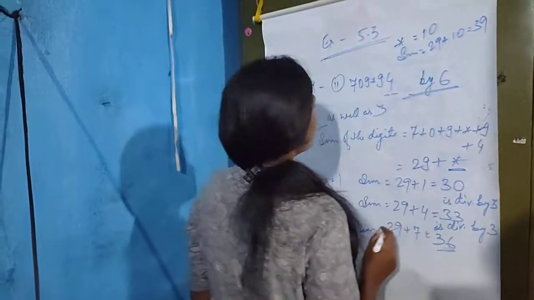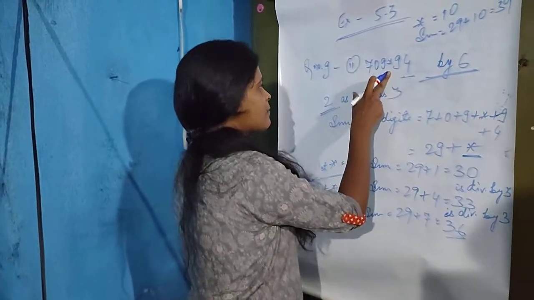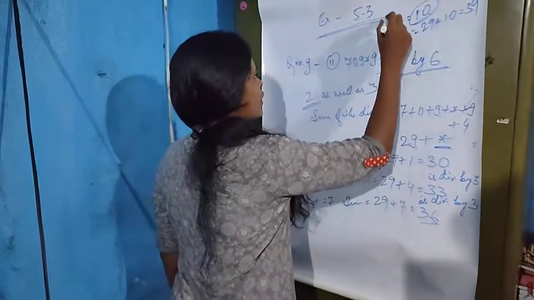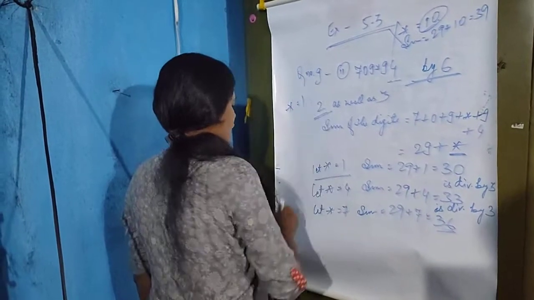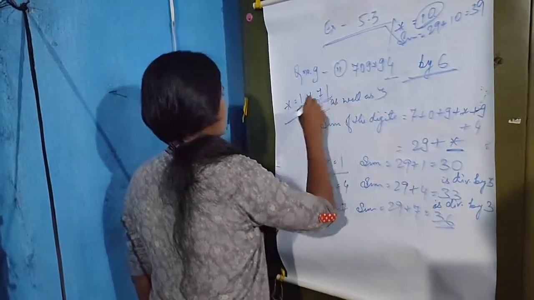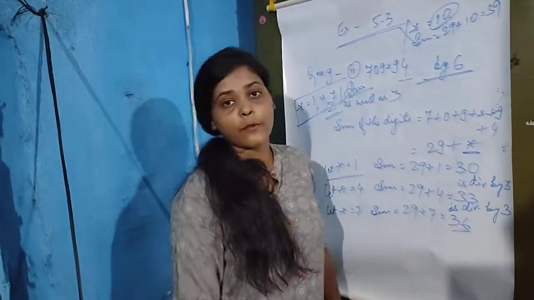But the question says that star is replaced only by a digit, and here you are taking 2 digits. So you cannot take star equal to 10. So the values of star are 1, 4, 7. This will be your answer. So solve all the questions from your assignments, homework.